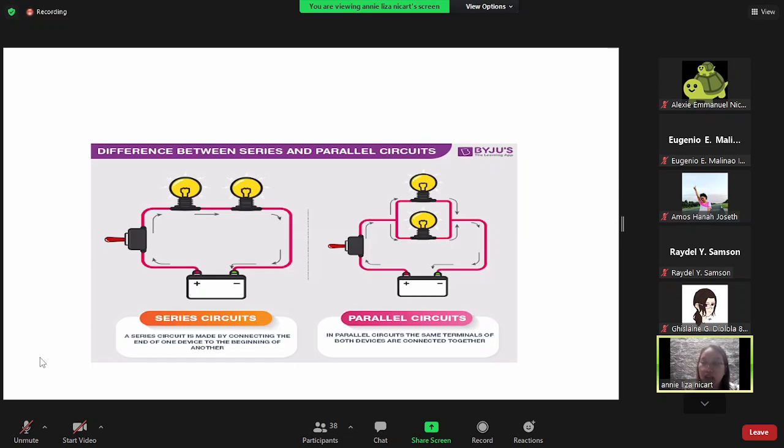That's how to get the total resistance. Take note, that's still 1 over RT. Those are fractions, right? So how do you get the sum of those two fractions, 1/10 plus 1/5?